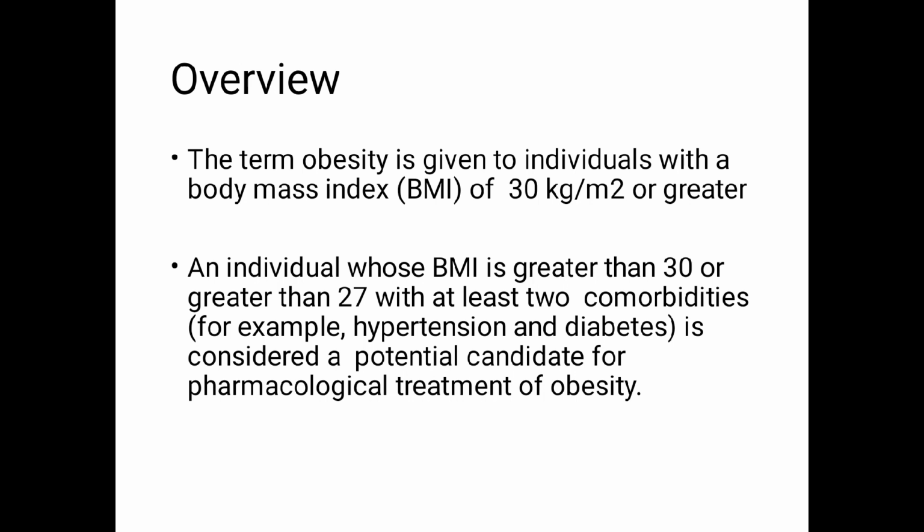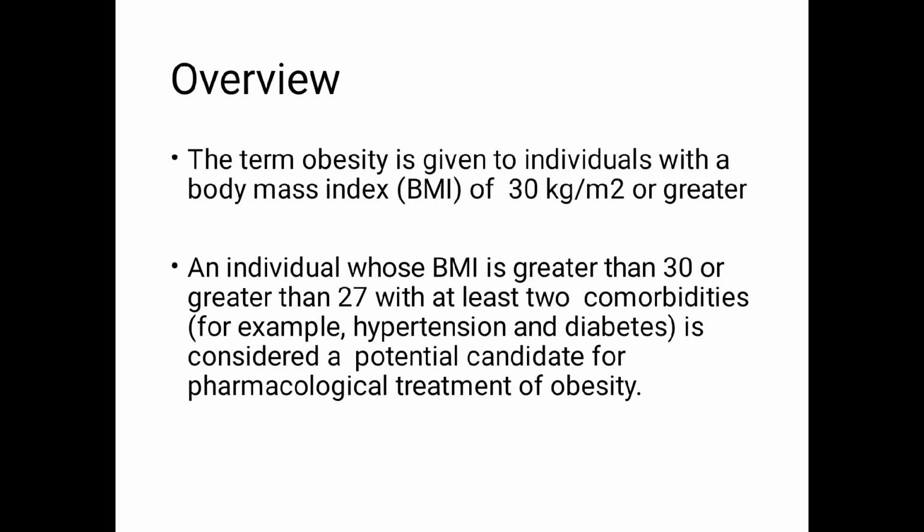So when we see at least two of these comorbidities with a body mass index greater than 27 kg per meter squared, then we can consider the patient a potential candidate for pharmacological treatment of obesity.